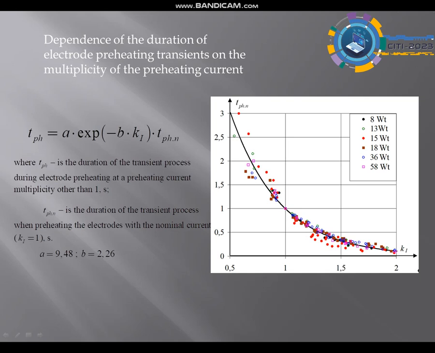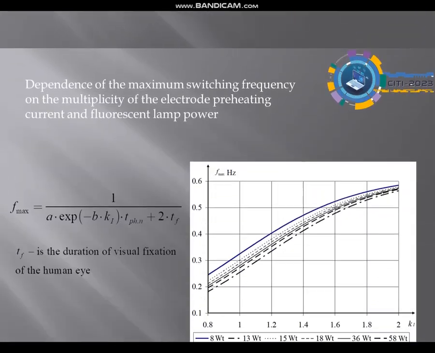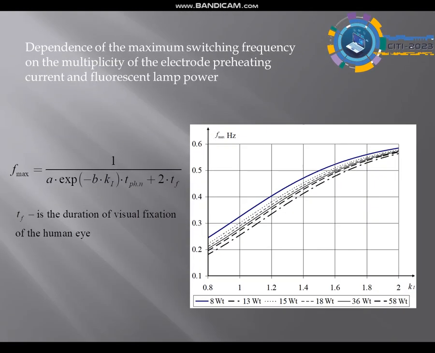Taking into account this data, the limiting frequency with which the lamp can be switched on, so that the light from it is perceived by a person as separate flashes, is established. It is determined by the formula presented in this slide.